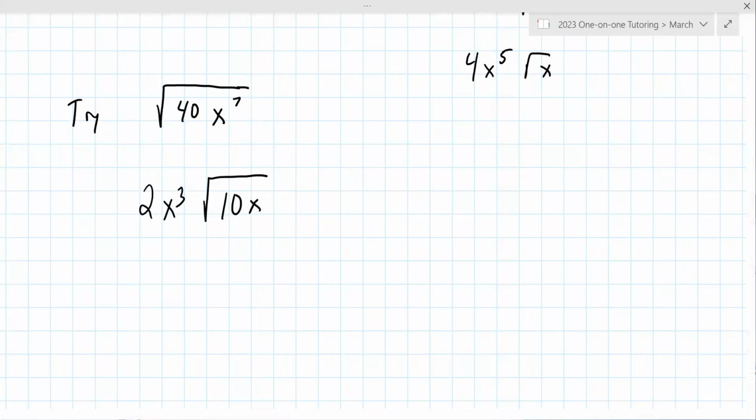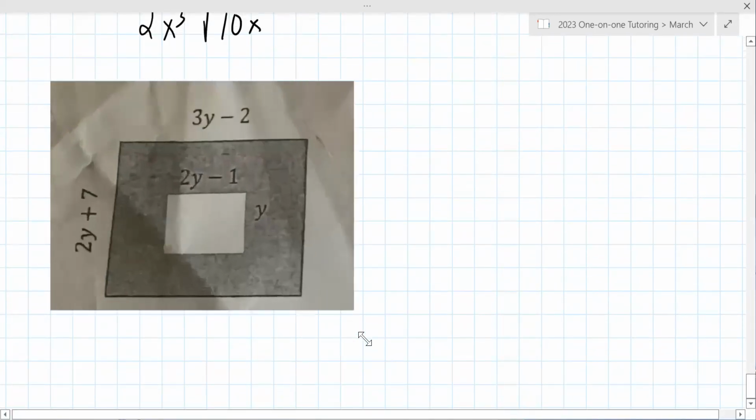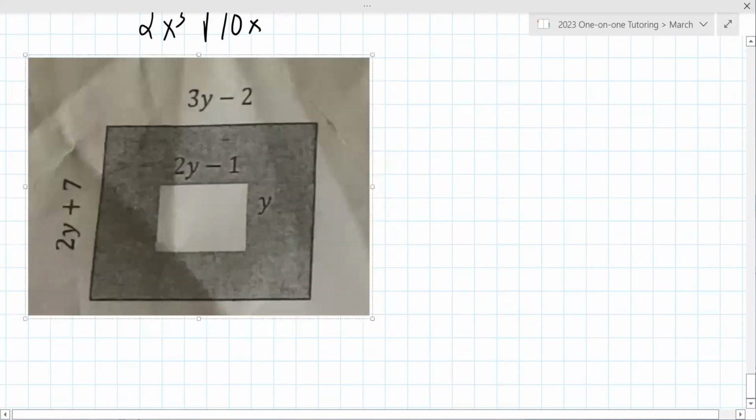All right, let's do 17 and then we'll see what we have time left for to review other stuff. We want to find the shaded region. When I look at this, I think of it as the larger one minus the smaller one.